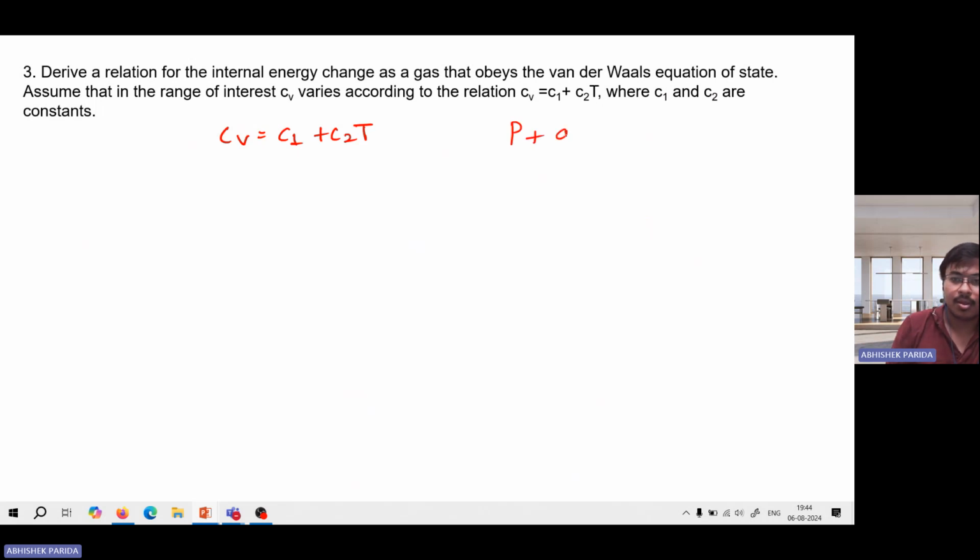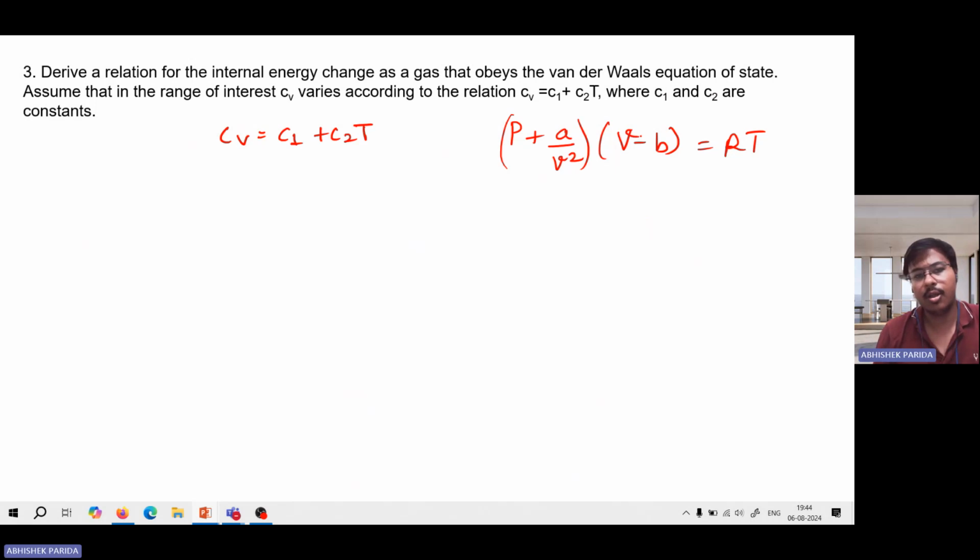P plus A by V square into V minus B is equal to RT. This is of course specific volume. Now we have to find out the change in the internal energy. Find out. I'm giving you 2 more minutes.